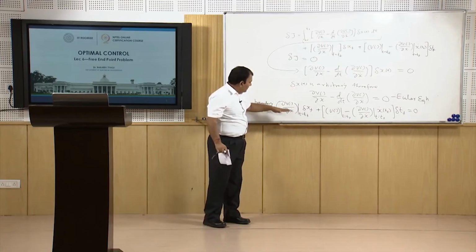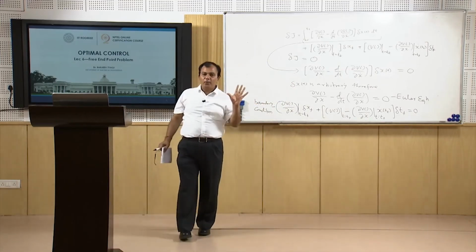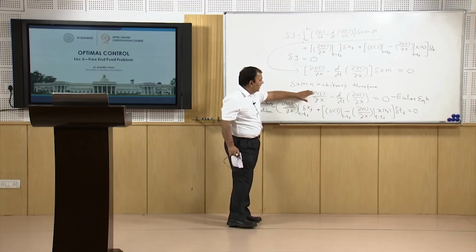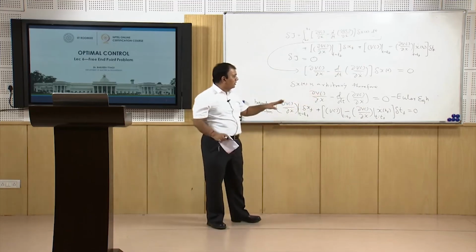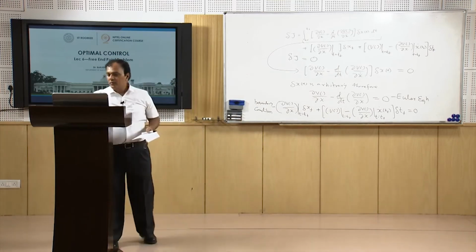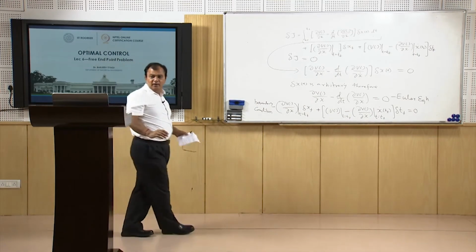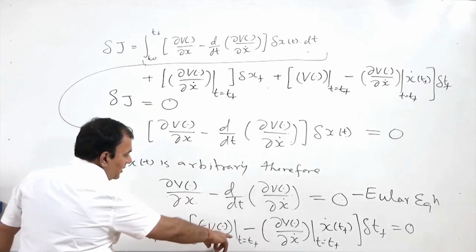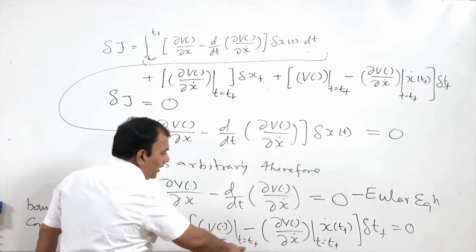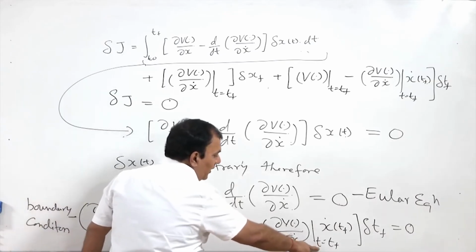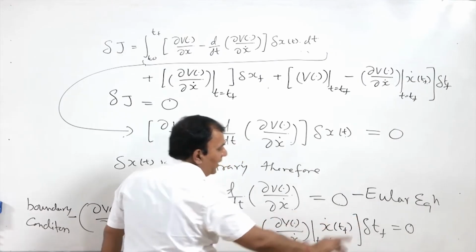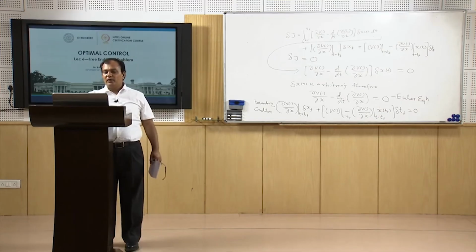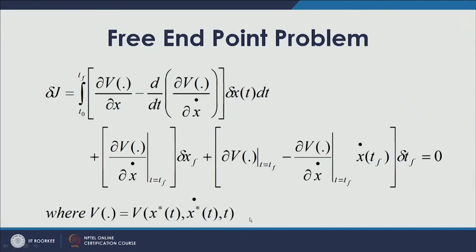So, if I consider my basic variational problem as a free endpoint problem, I will lead to the Euler equation given by del v by del x minus d by dt del v by del x dot equal to 0, and the boundary condition is del v by del x dot delta xf plus del v dot evaluated at t equal to Tf point, minus del v by del x dot evaluated at t equal to Tf point, x dot Tf delta Tf equal to 0, where v dot we are representing as nothing but the value of the v at optimal point x star, x dot star and t.